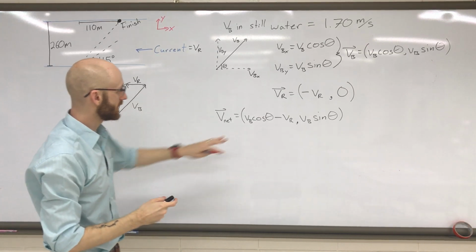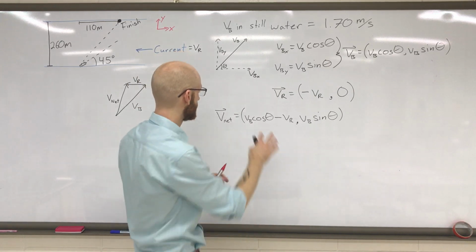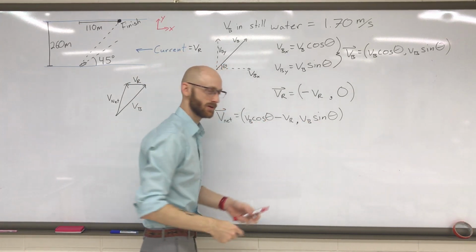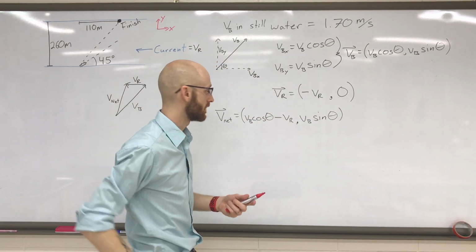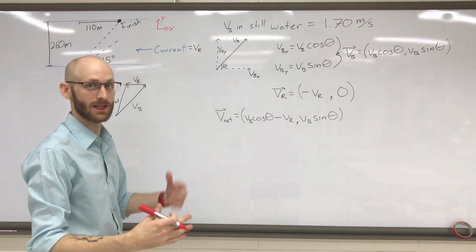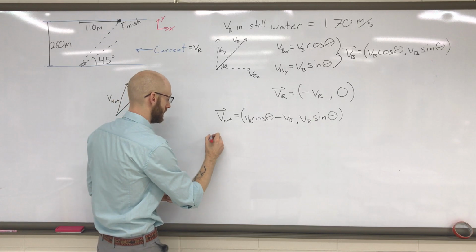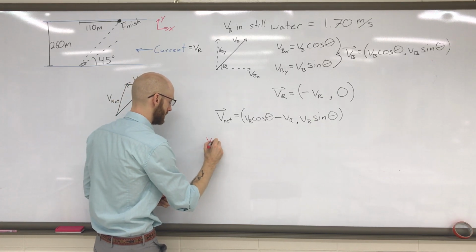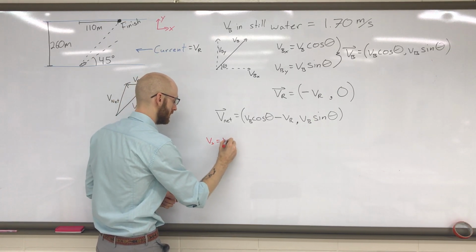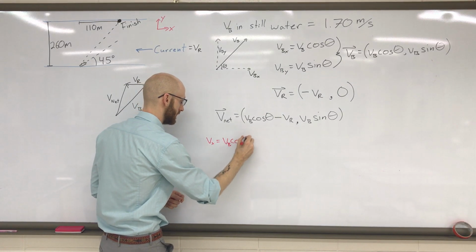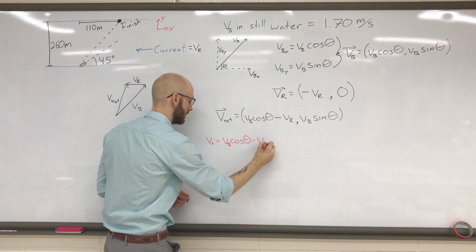Now, what we can actually do with this is we now have velocity in the x direction and the y direction. We can write equations to describe the boat's motion in the x direction and the y direction. So in the x direction, we've got Vx, this is equal to Vb cosine theta minus Vr.